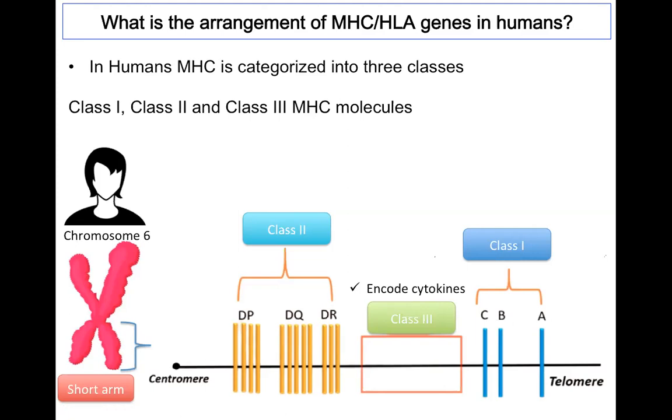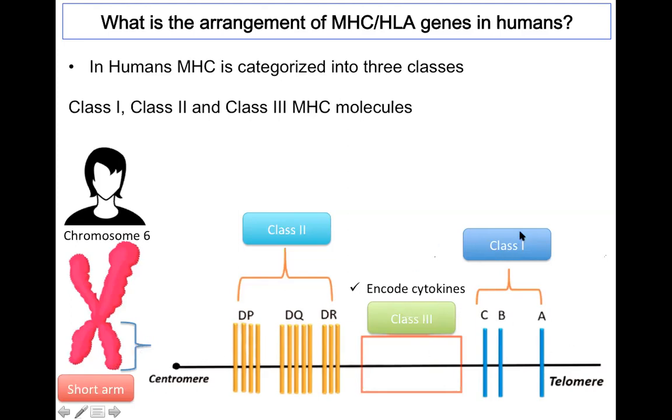If you look at the structure here, you can see that class 1 is toward the telomere region, on this side, while class 2 is toward the centromere part.